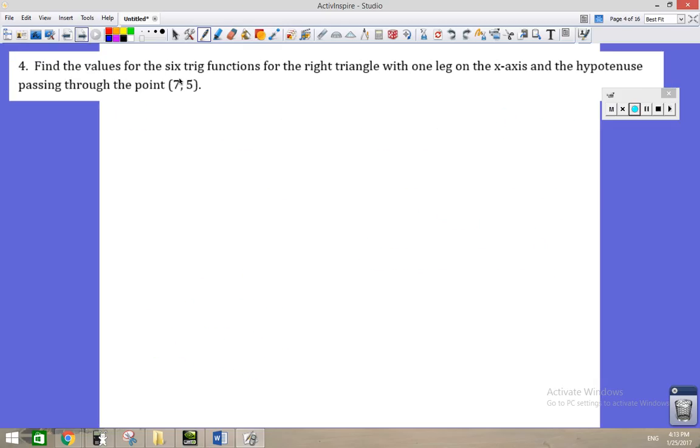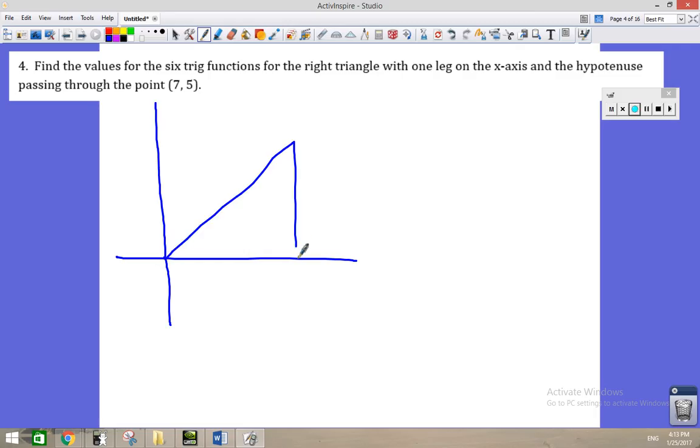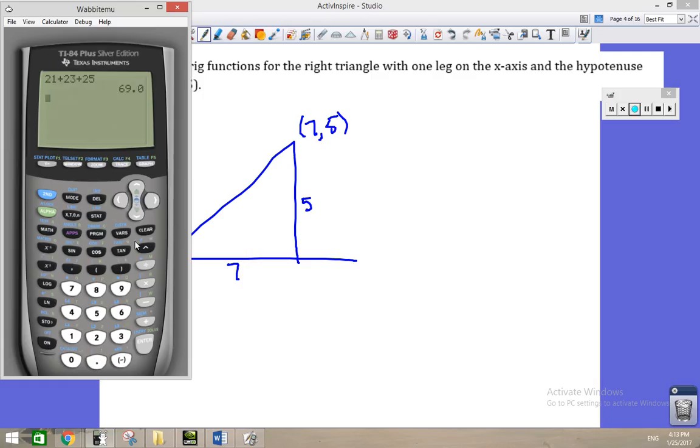Alright, so this will be the last one on this video. Number 4 here, 7, 5, that's in the first quadrant. If this is the point 7, 5, you've gone to the right 7, you've gone up 5. 7 squared is 49, 5 squared is 25, that's 74.